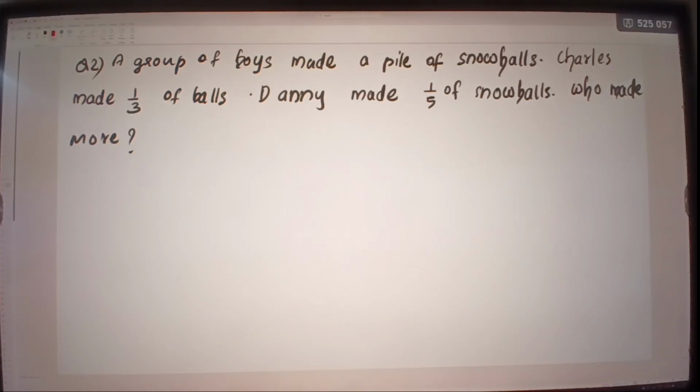You can do the remaining problems on your own. A group of boys made a pile of snowballs. Charles made 1/3 of the balls. Danny made 1/5 of the snowballs. Who made more? It is simply comparison. First step, you write what all things are given. Charles, 1/3. Danny, 1/5.